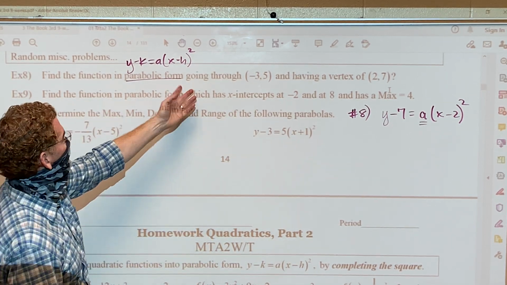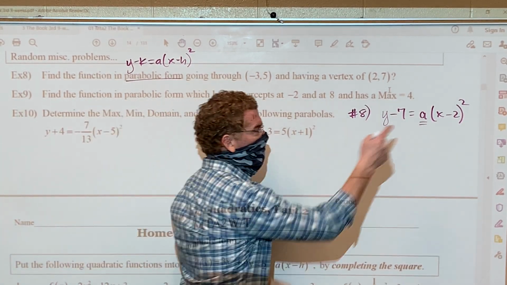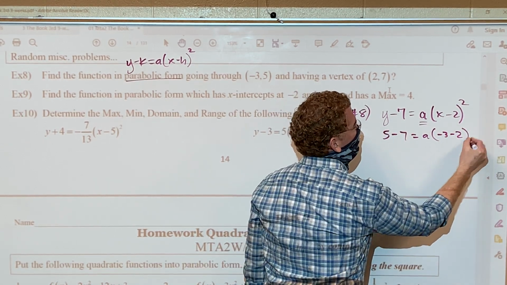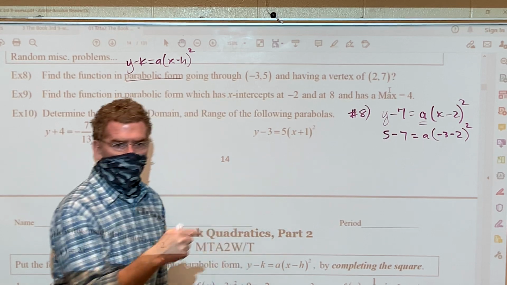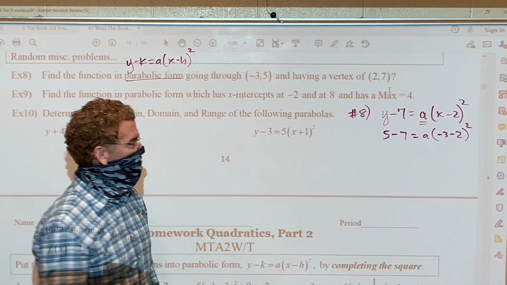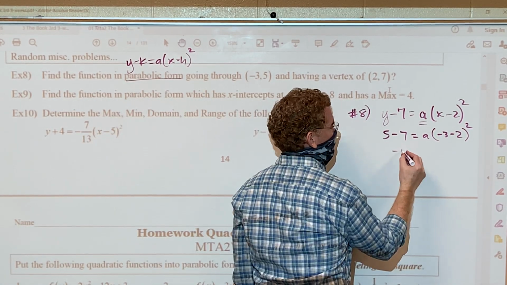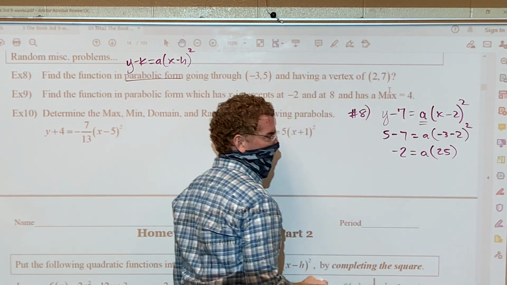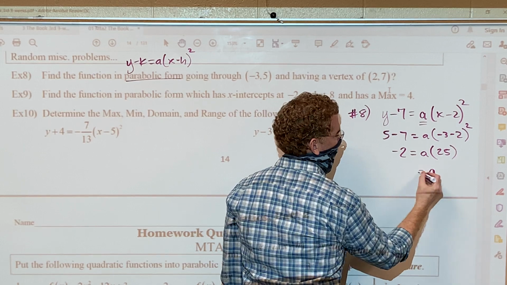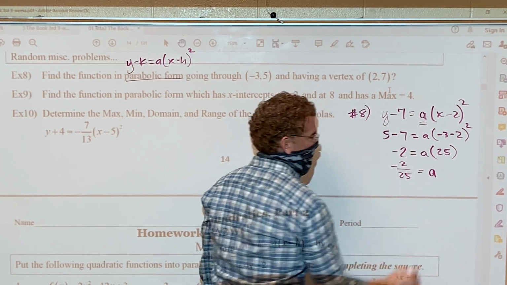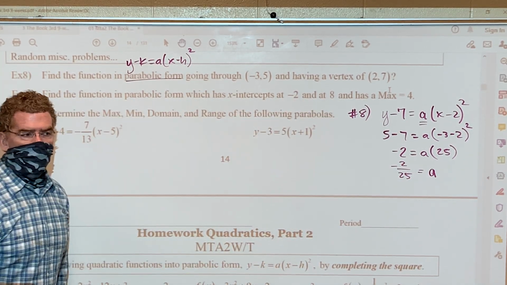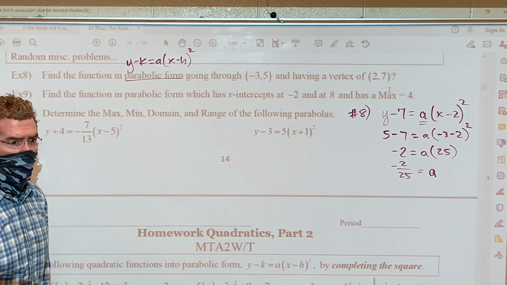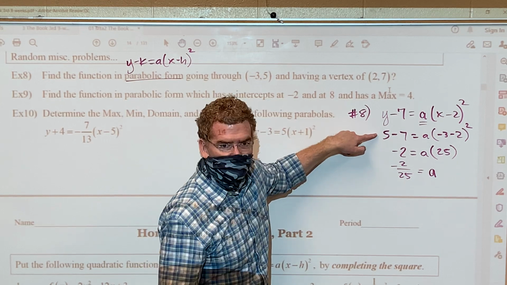So I'm going to borrow this point, negative 3, 5, for the moment. I'm going to solve just to find a. So what is my a value? A goes negative. Negative 5 squared is 25. So what's a? Negative 2 over 25. So I'm going to use that a now to go back and plug it in. But don't plug it in here, right?